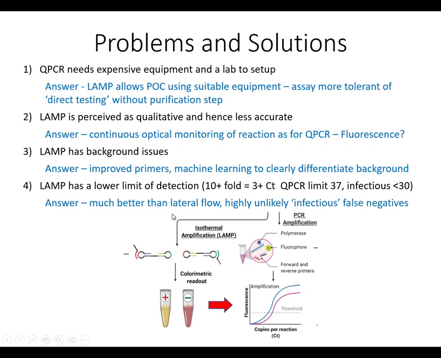And this goes back to the issue with qPCR, where qPCR will detect fragments of virus, not infectious virus. So lateral flow may not be as bad as people say, because actually it's probably very good at picking up infectious people, and many of the false negatives are actually people who are no longer infectious but have been infected recently.